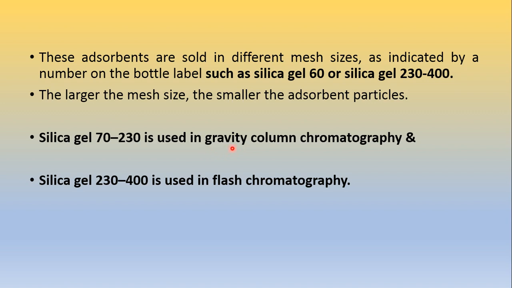So in gravity column chromatography, we generally use low mesh size adsorbent, but if the flash chromatography technique is used, where we apply high pressure on our mobile phase, then high mesh particles are good, or low size adsorbent particles are good for this technique.